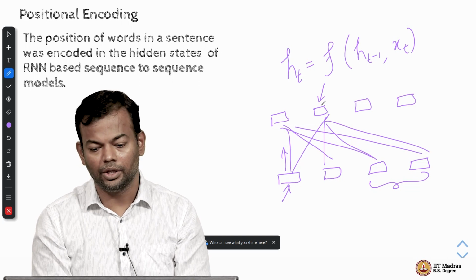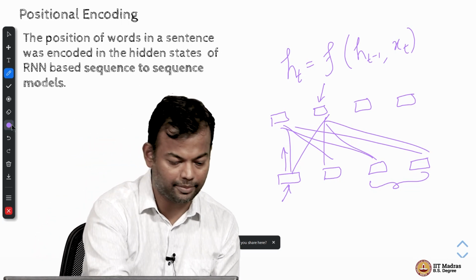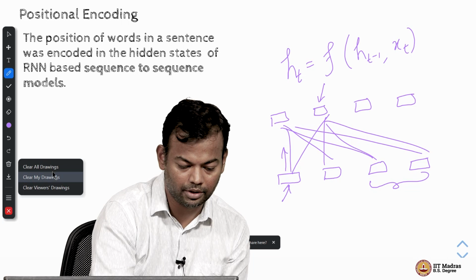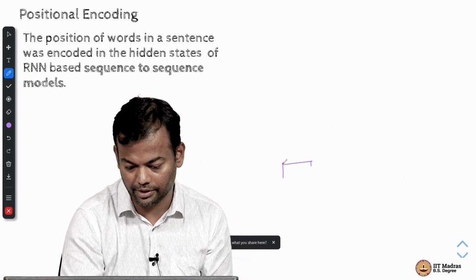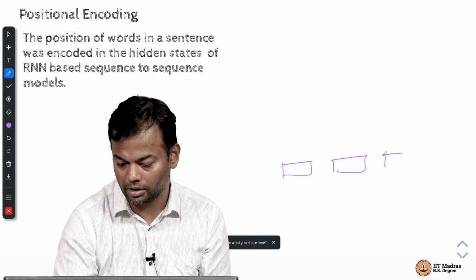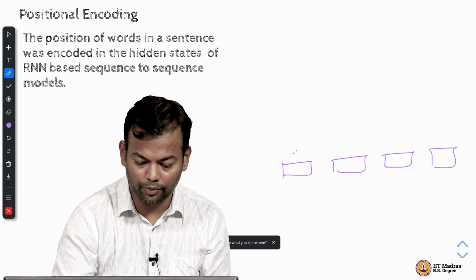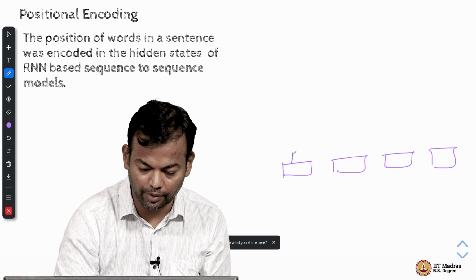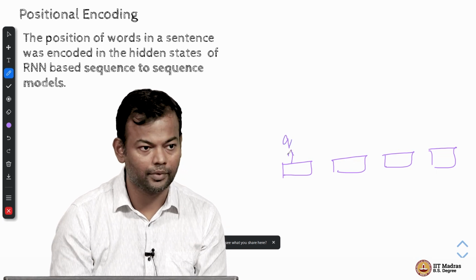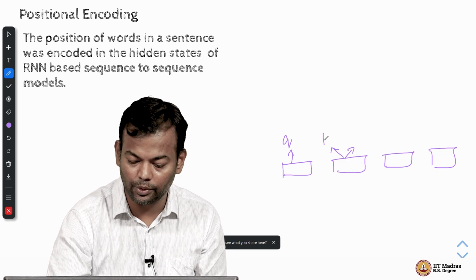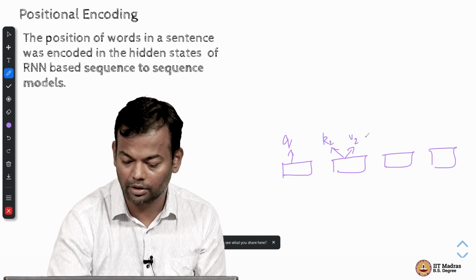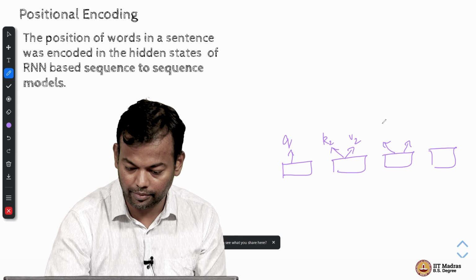Right. So if I just want to zoom into that explanation a bit, let's look at one word at a time. So this is the word. Now we remember that from this word we will be computing the query, and then we will have the values and the keys from these words.